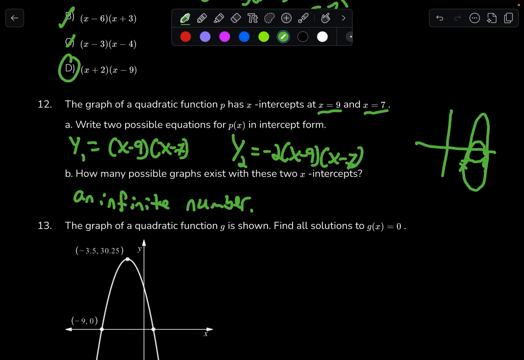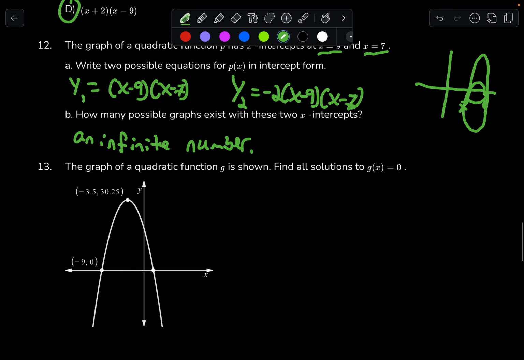Okay? Now, it says the graph of a quadratic function g is shown. Notice the graph includes the axis of symmetry of x equals negative 3.5. So we know that one x-intercept is over here at negative 9.